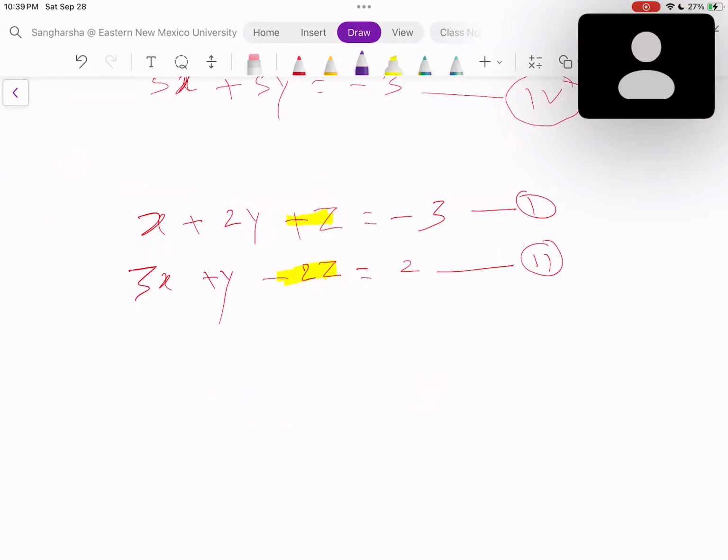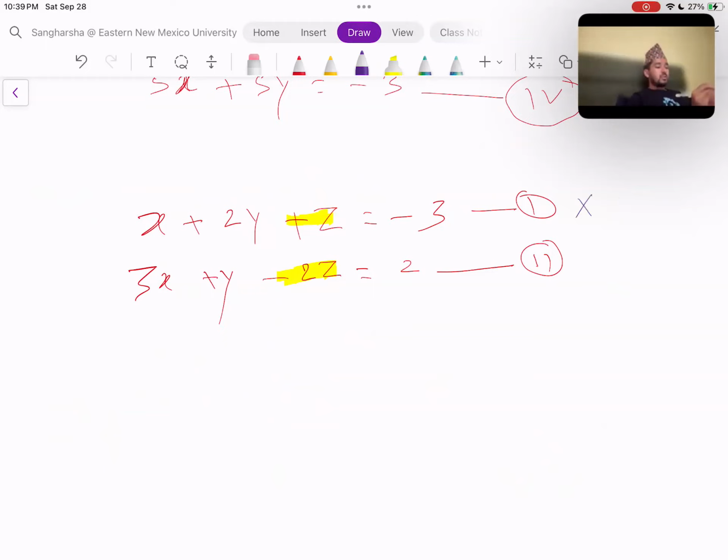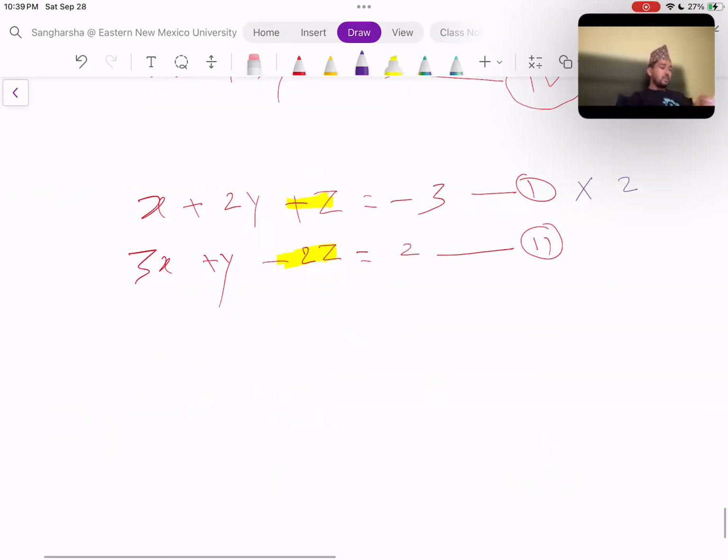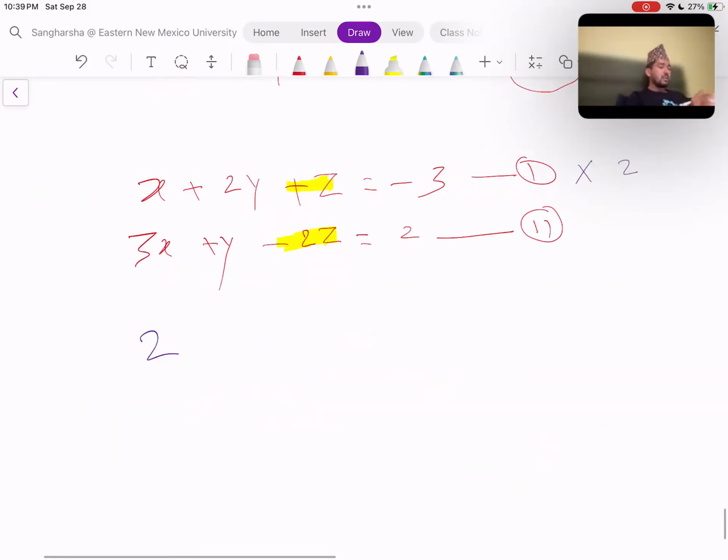So what do you do? Multiply by 2. That's right. For which equation, 1 or 2? Equation 1. That's right. Thank you. So you multiply equation 1 by positive 2. If you multiply, we're going to have 2 times x, 2x, 2 times 2y, 4y, 2 times positive z, 2z, equals negative 3.